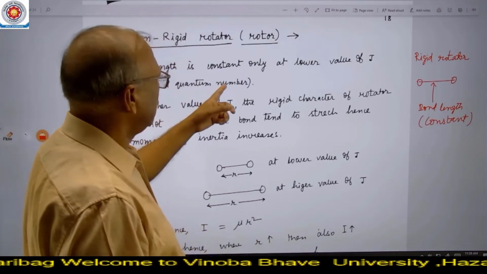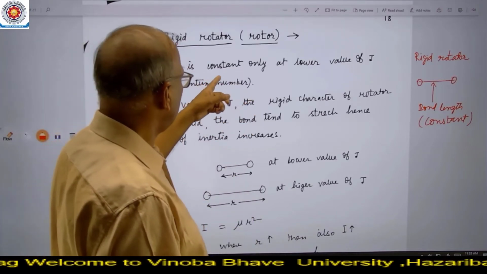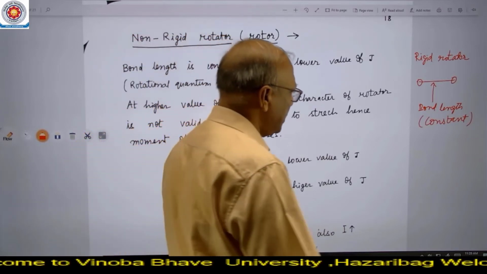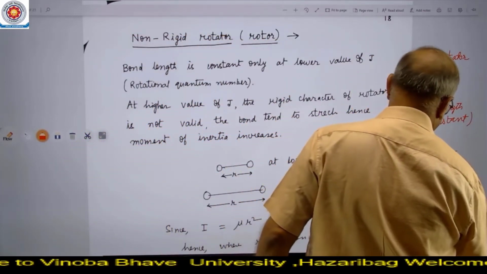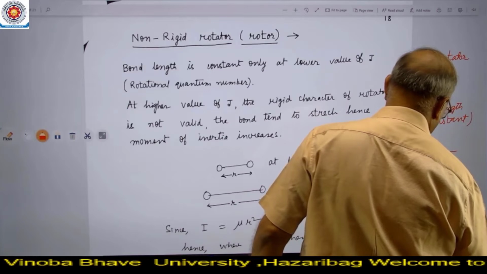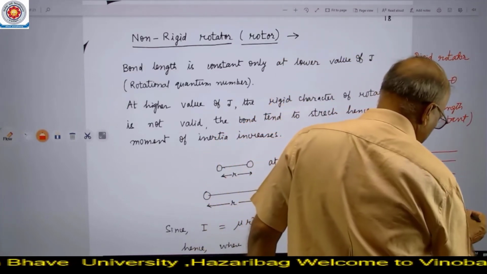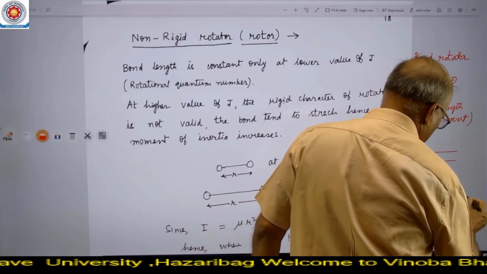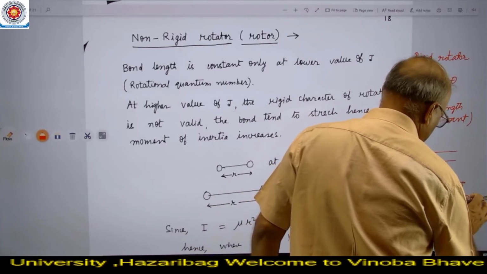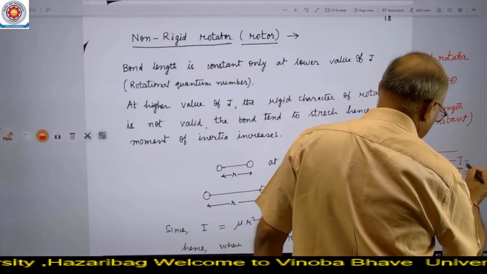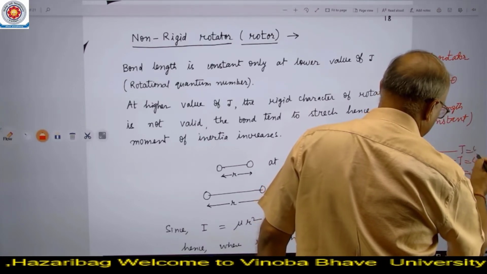This bond length is constant only at lower values of J. Lower values of J means there are so many rotational lines or rotational energy levels: J is equal to 0, J is equal to 1, J is equal to 2, J is equal to 3, J is equal to 4, J is equal to 5.